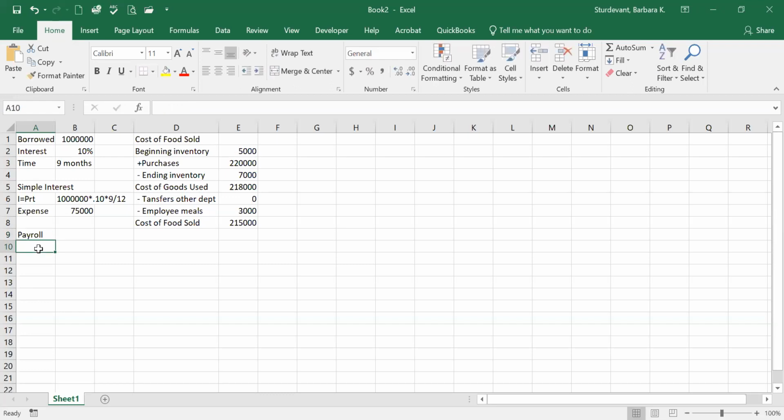Okay, so my suggestion is we put down any department that has wages. So go look in your list. Obviously, we're going to have rooms and food, right? What other department has payroll?